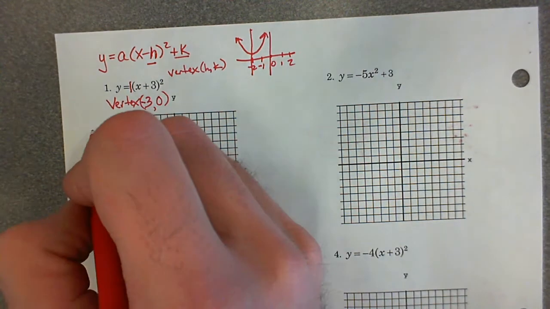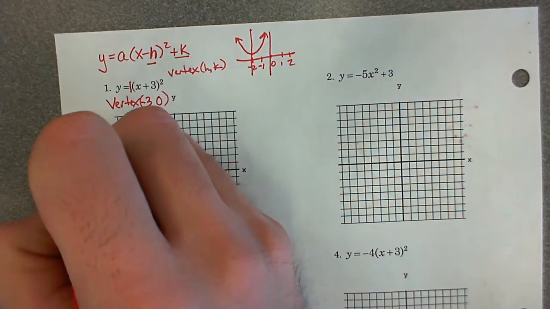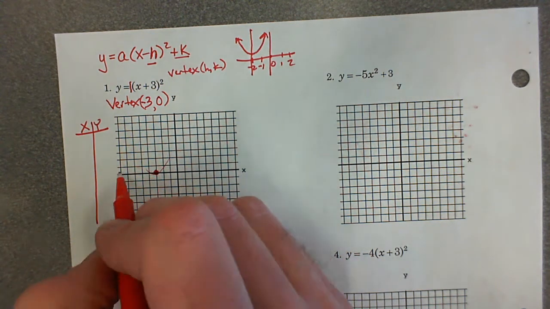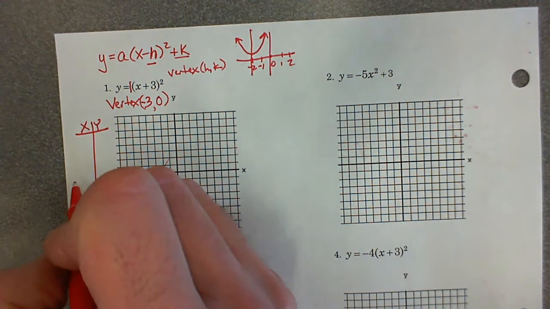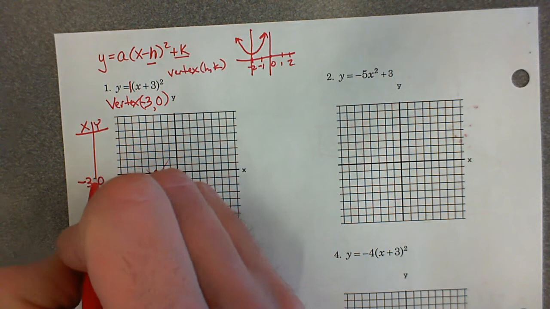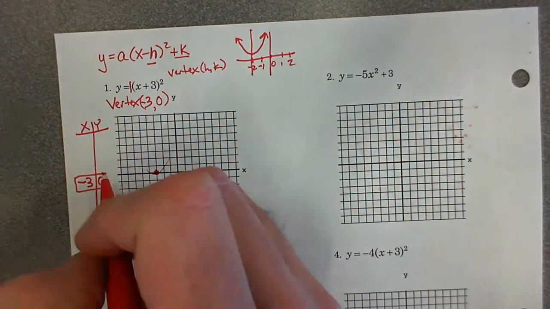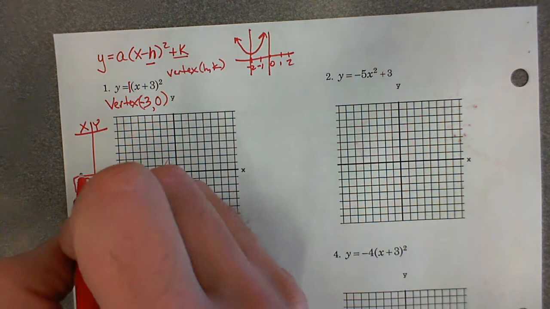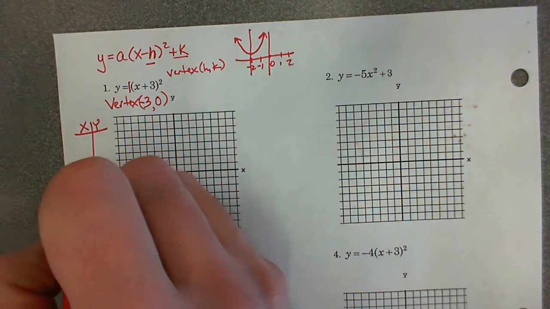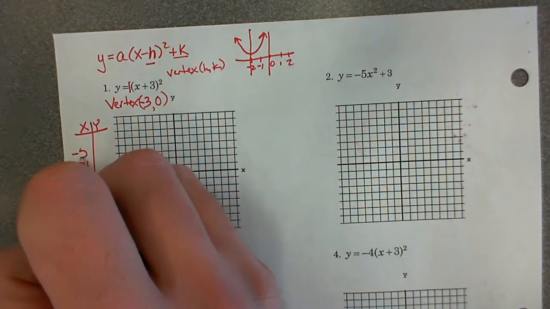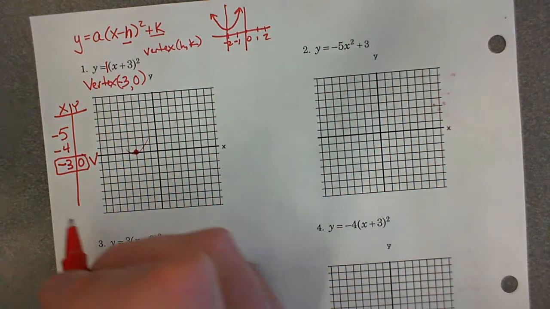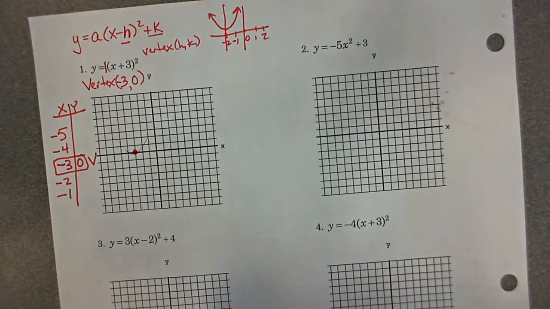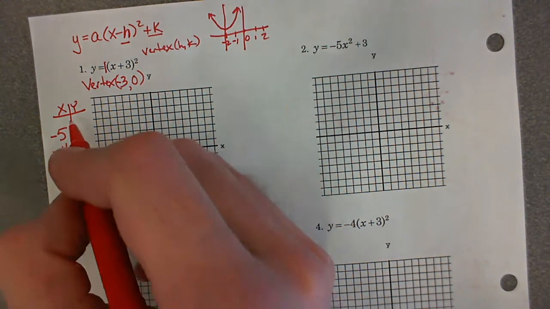So I'm going to create a T-chart, an x and y table, and because I want a couple points on this side and a couple points on this side, I'm going to put my vertex in the middle. So this here, again, is your vertex. Now I want a couple x's smaller than -3, -4, -5, and a couple x's bigger, -2, -1.